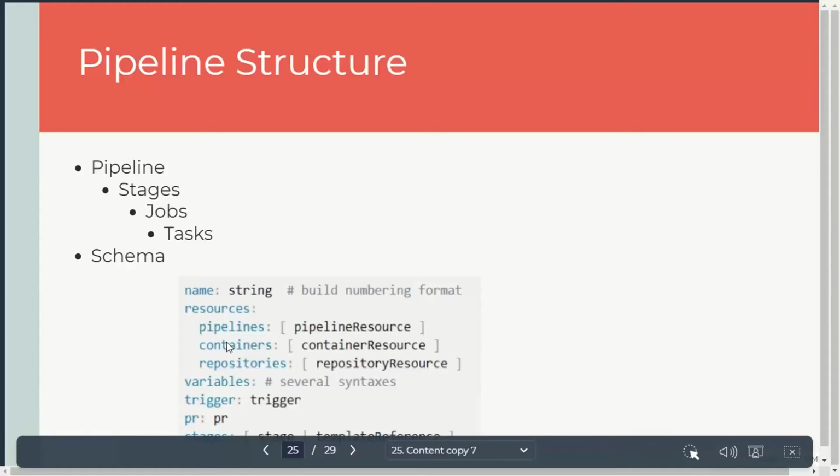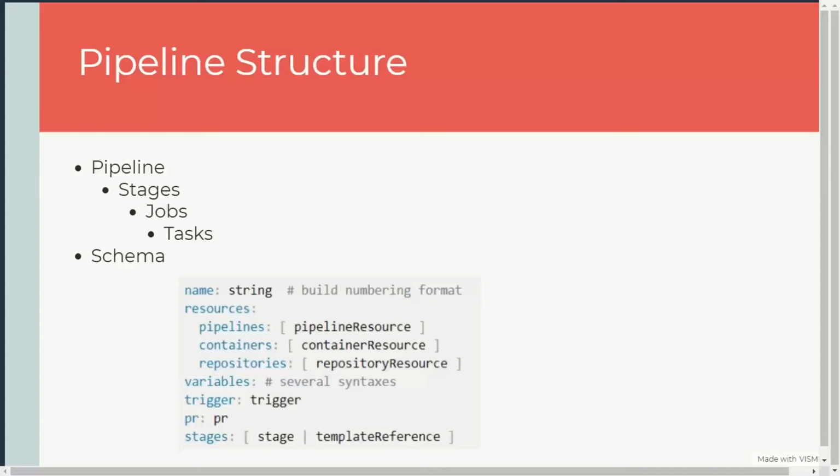And the next one is the containers. Sometimes we will be providing the image name there. Within that image we will have all the requirements for our builds to be executed.